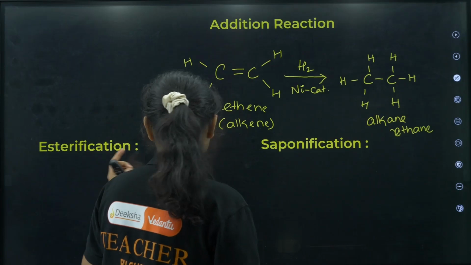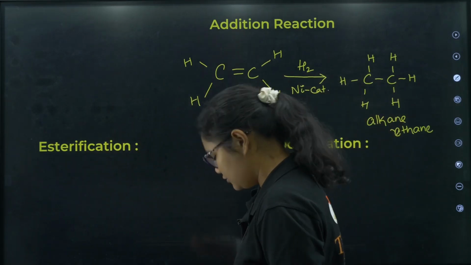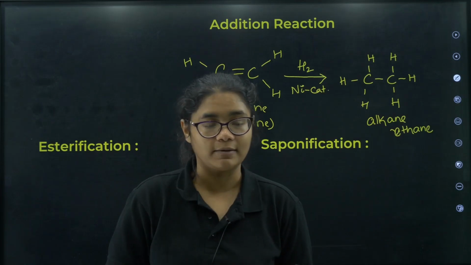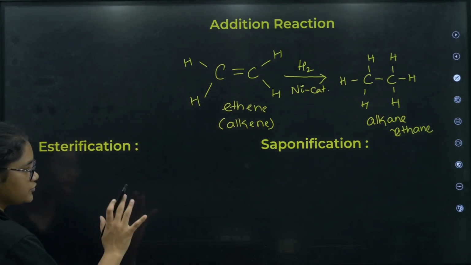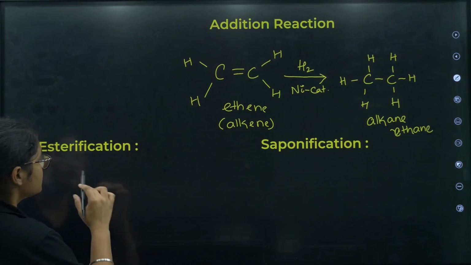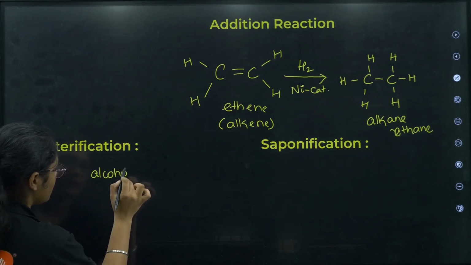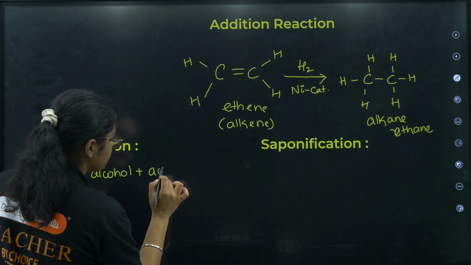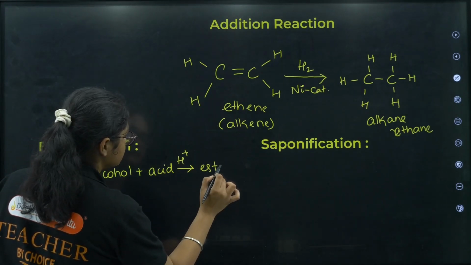Now coming to these two reactions, esterification and saponification. You should always remember that these are very potential questions, and most of the time these two questions are asked. Esterification is a reaction of alcohol plus a carboxylic acid in presence of H plus to give you an ester.